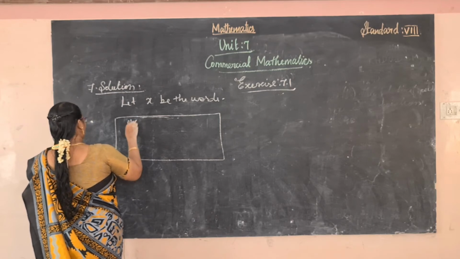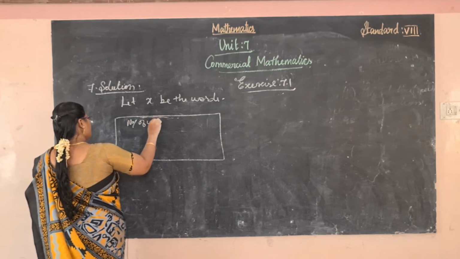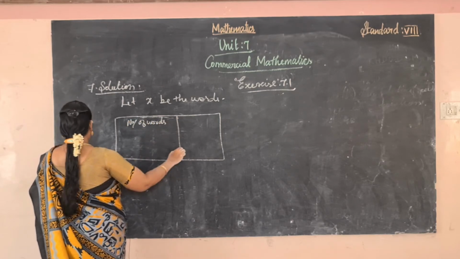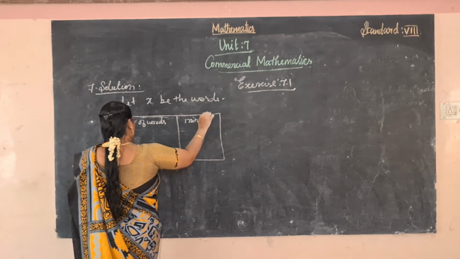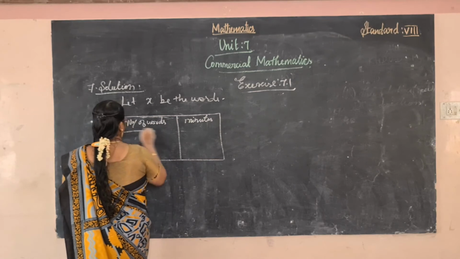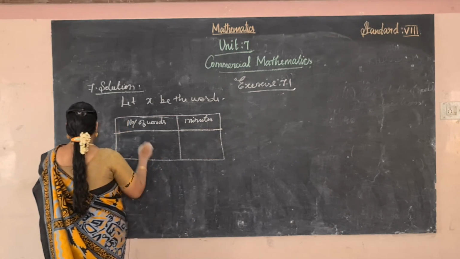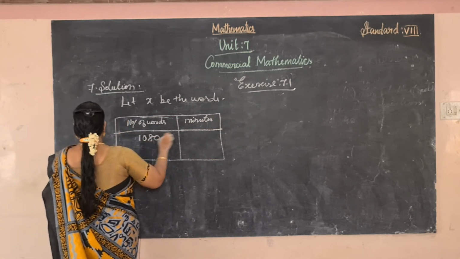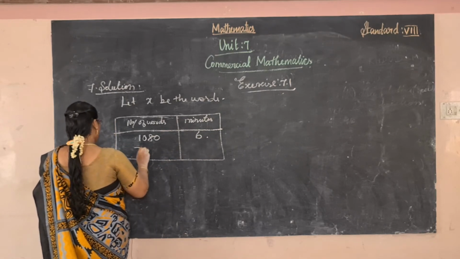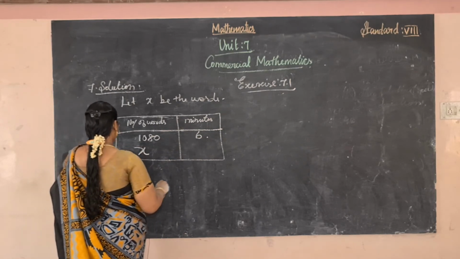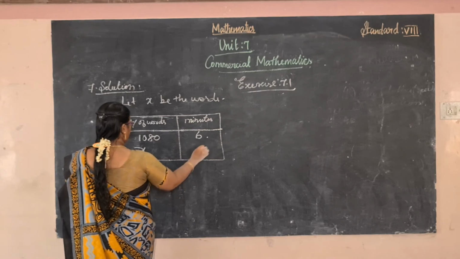Number of words and minutes. 1080 words, 6 minutes, and we don't know how many words. So let's take x, she types in 8 minutes.